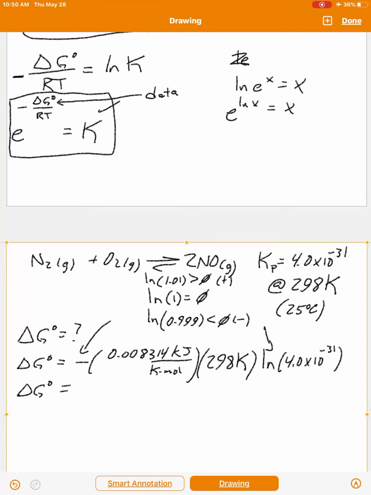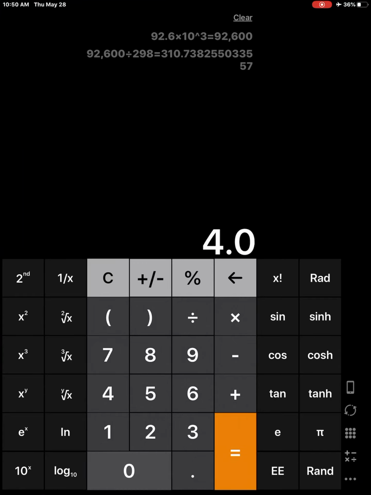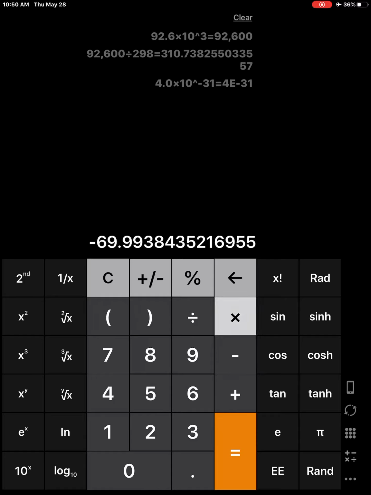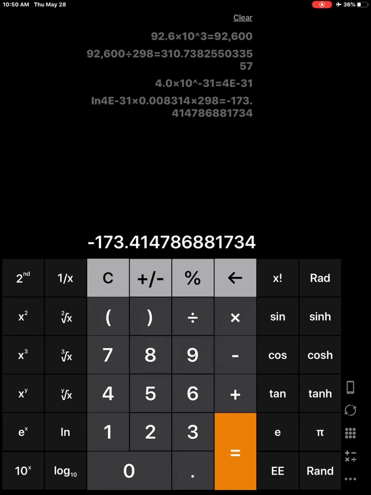So let's go ahead and run it through. 4.0 times 10 to the minus 31. There's our very small number, right? Let's take the natural log. There you go. See how it's negative? Now, let's multiply it by RT: 0.008314, 298. But remember, we said there was a negative in front, so we multiply by -1, and it becomes 173.4.